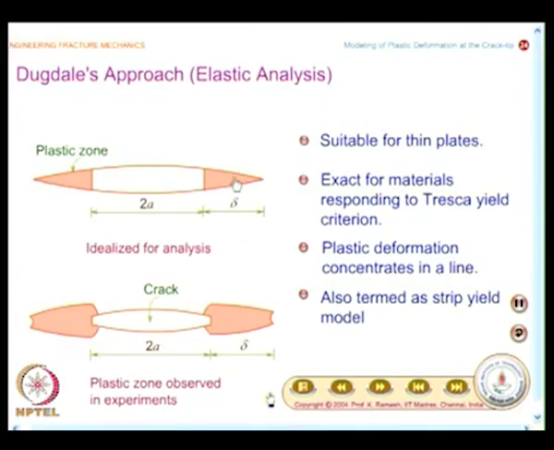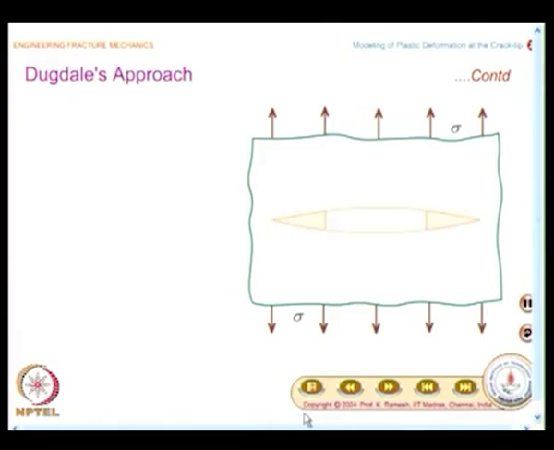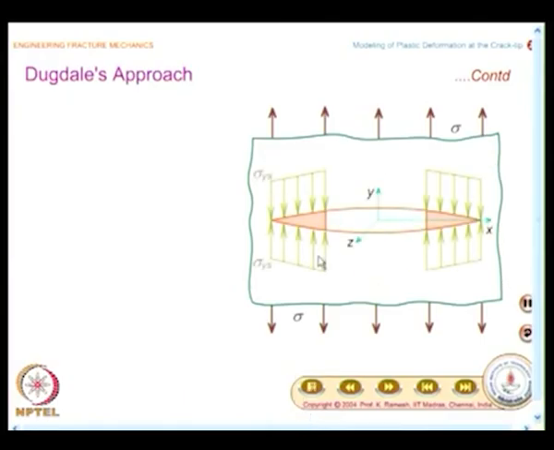So, what you have is, you have an extension of plastic zone, that distance is given as delta, and we will have to find out how to get the extension of length delta. And make a neat sketch of this.